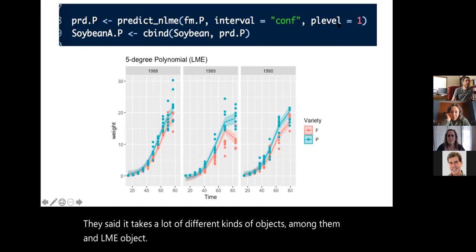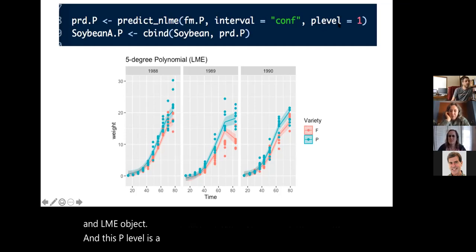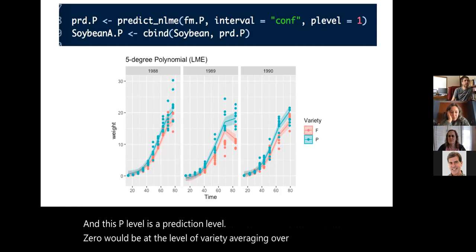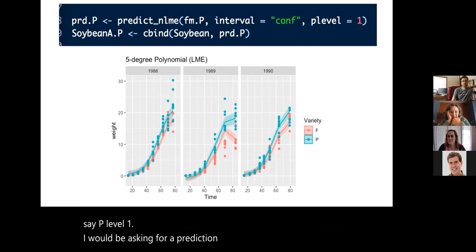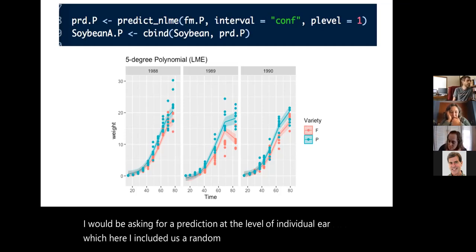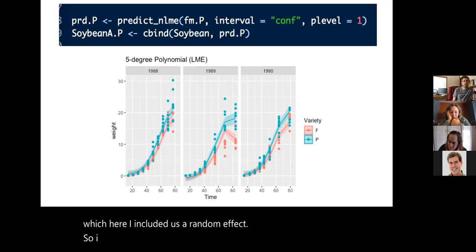And this plevel is a prediction level. 0 would be at the level of variety, averaging over years. And if I say plevel 1, I would be asking for a prediction at the level of an individual year, which here I included as a random effect. So I have year as a random effect, and then plot within year as another level of random effect.